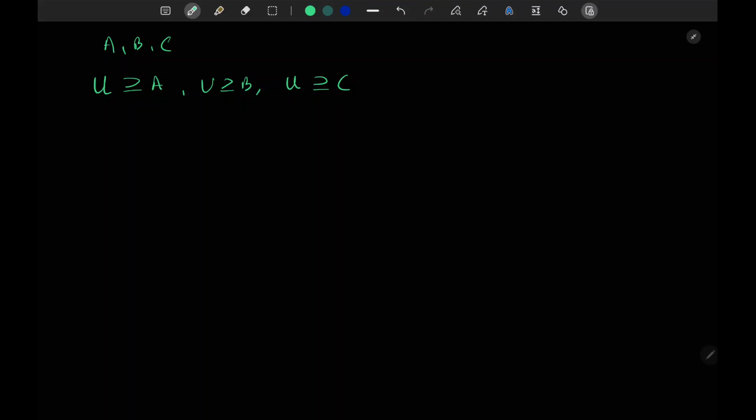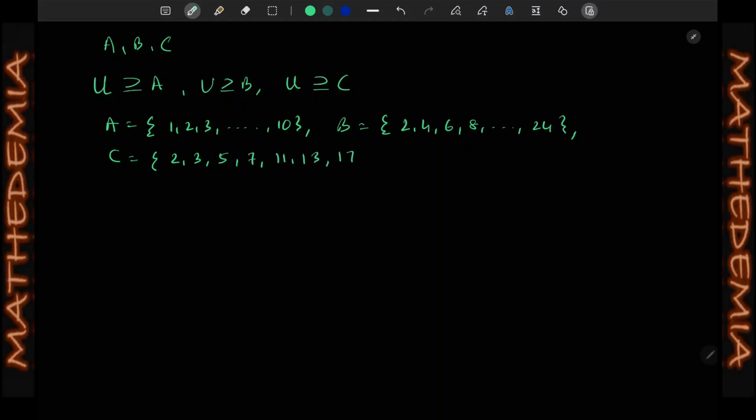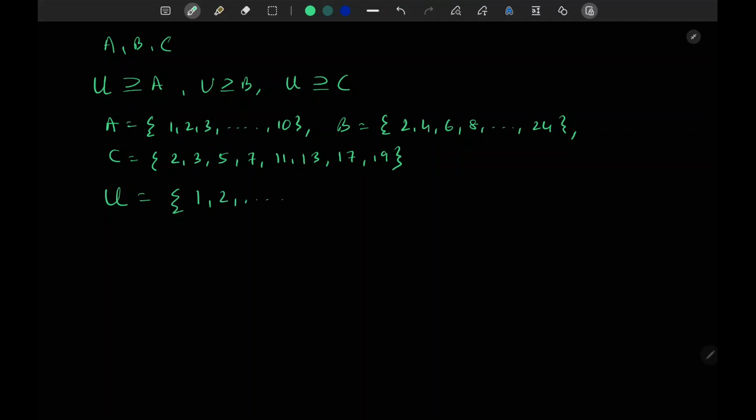So the universal set is a set consisting of all the elements which are present in a given set. For example, if A is equal to 1, 2, 3 till 10, B is a set consisting of all the even numbers till 24, and C is a set consisting of all the prime numbers till 20, then we can take the universal set as all the natural numbers till 30.